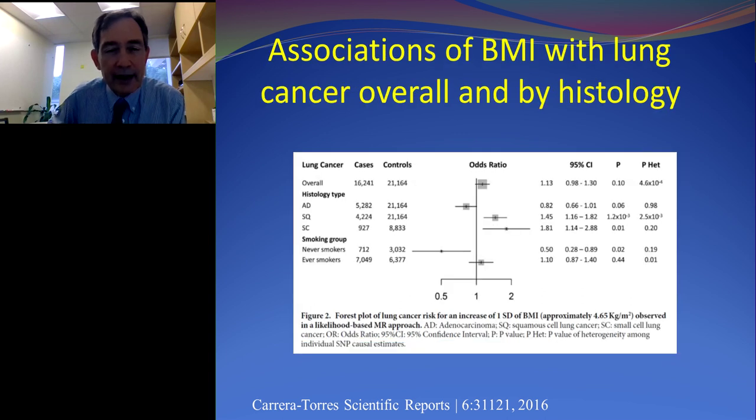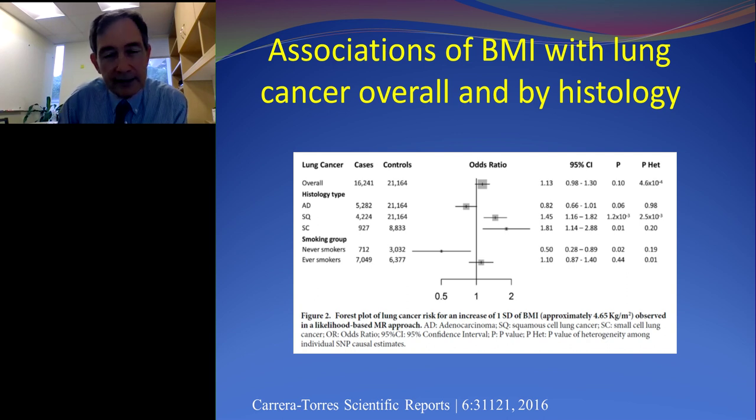Then when they applied this analysis to that data that I showed earlier from our consortium, they see some evidence for an effect of BMI on risk for lung cancer, but further analysis shows that that association is restricted just to those patients that develop squamous or small cell cancer, and for adenocarcinoma, it might be a little bit protective.